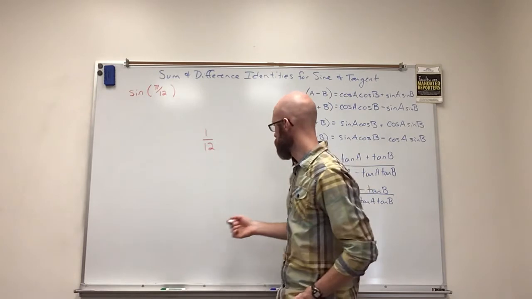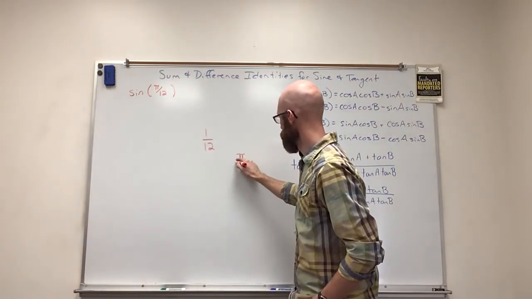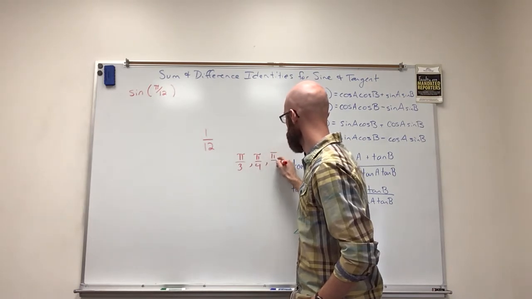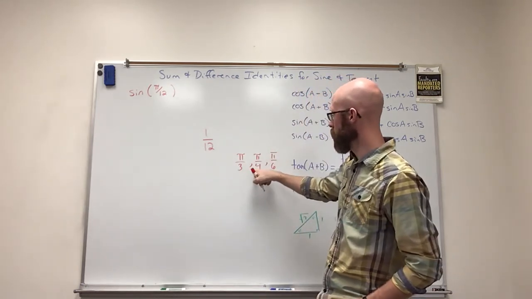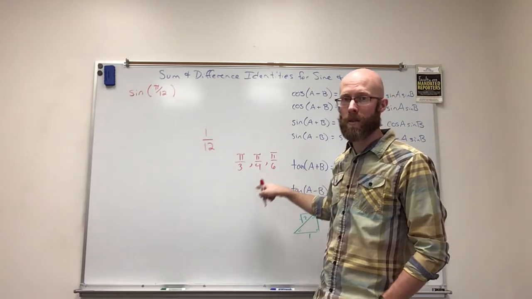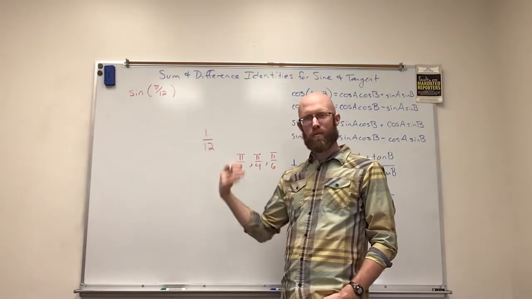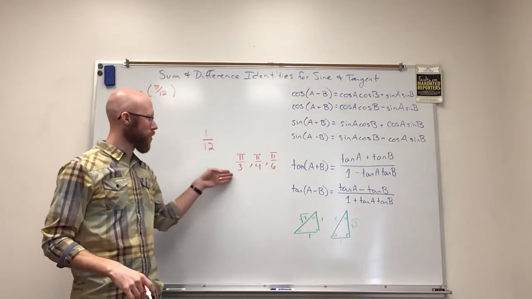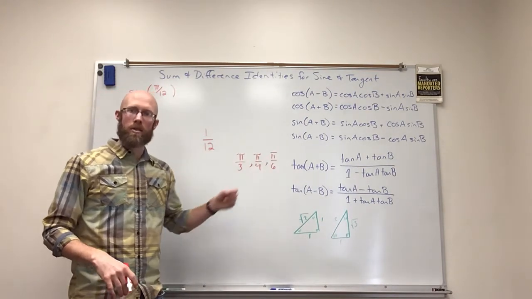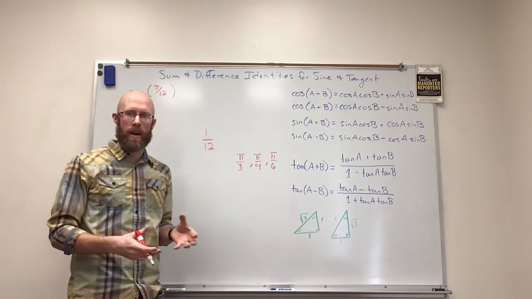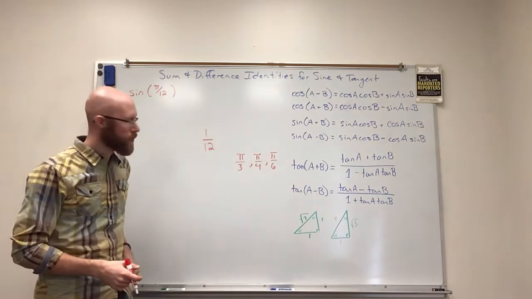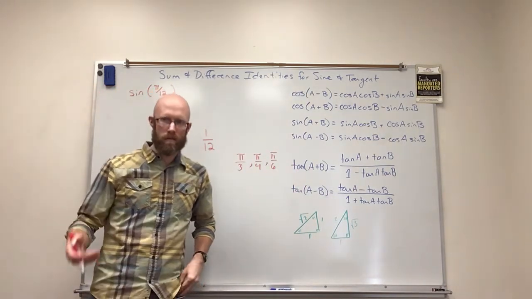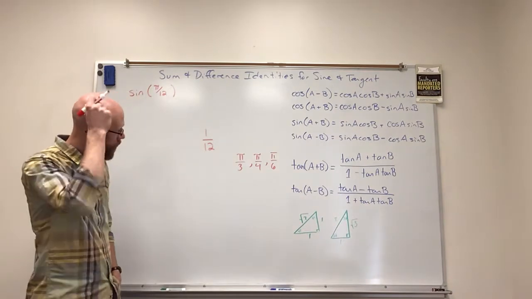We know angles of pi over 3 and pi over 4 and pi over 6, which are 60, 45, and 30 degree angles respectively. I wrote those in reverse order, it doesn't matter, but we're familiar with 1/3, 1/4, 1/6. So the question is, how can I add or subtract those to get 1/12? Maybe we ignore the pi's and just think of them as fractions.